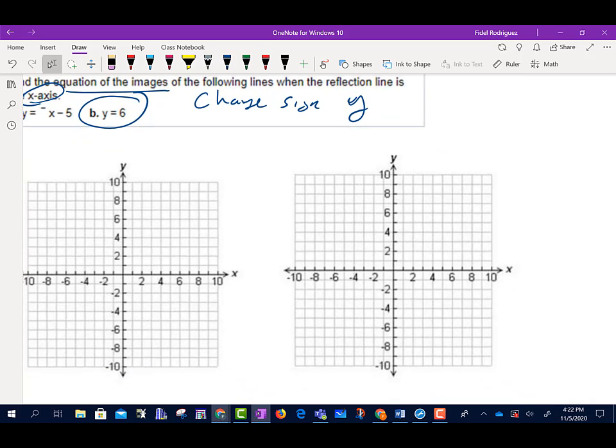I want to graph the line y equals 6. So the line y equals 6 is a horizontal line that crosses right here at 6. I'm reflecting it across the x-axis.